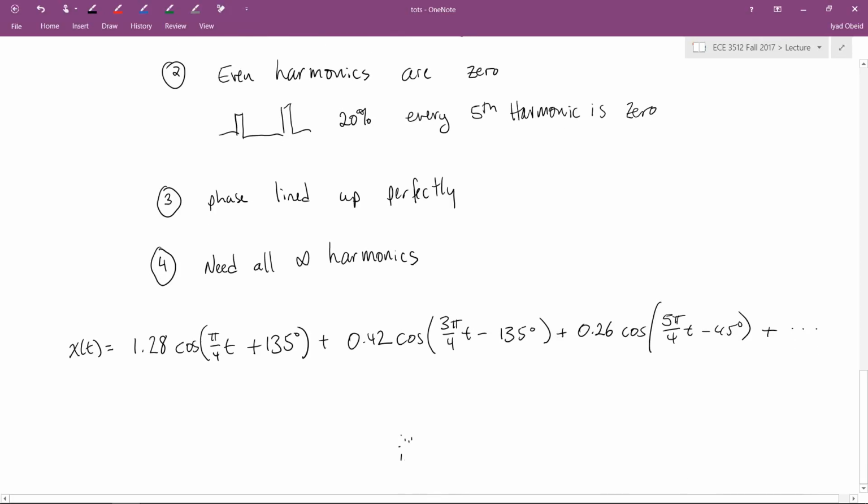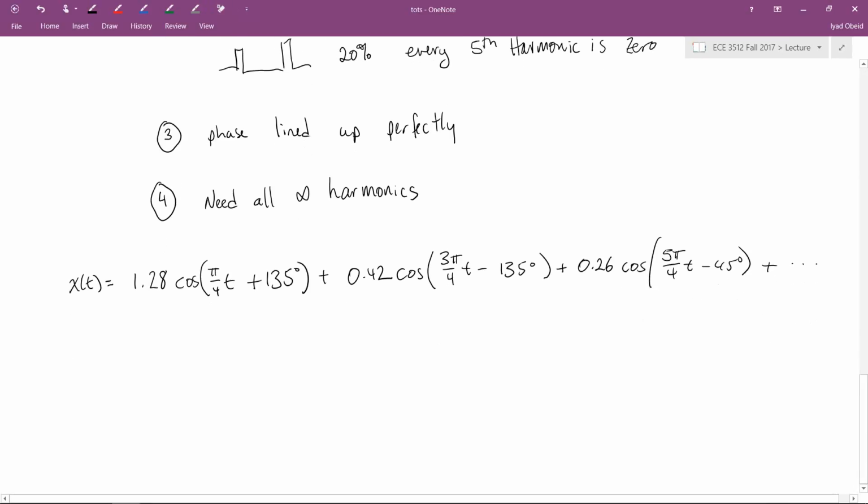I'm just re-saying what we've already worked out, that x of t can be expressed as the sum of cosines.